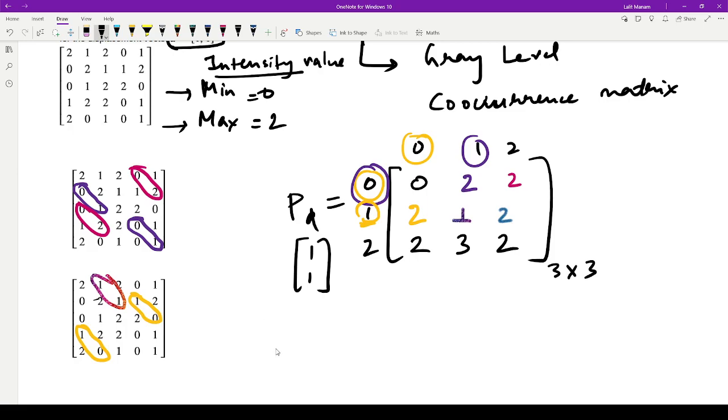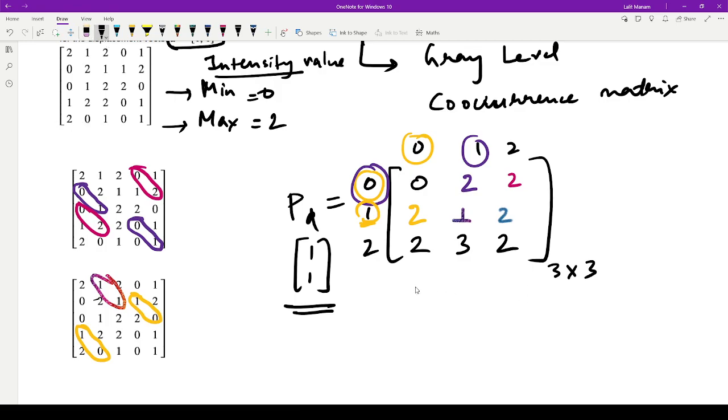Yes. The point is you are using displacements and not distances. When you use displacement and you're checking for a specific direction, you're not checking the other way around. If you check the other way around, that means now we are checking in this direction, which is 1 and 1. If I start checking the other way around as well and add both of them, then it will obviously give me a symmetric matrix. So the whole idea here is to maintain some uniqueness. So we check for displacements instead of distances.